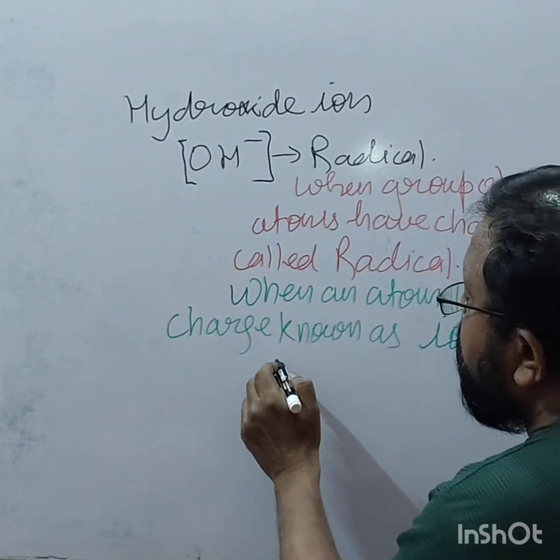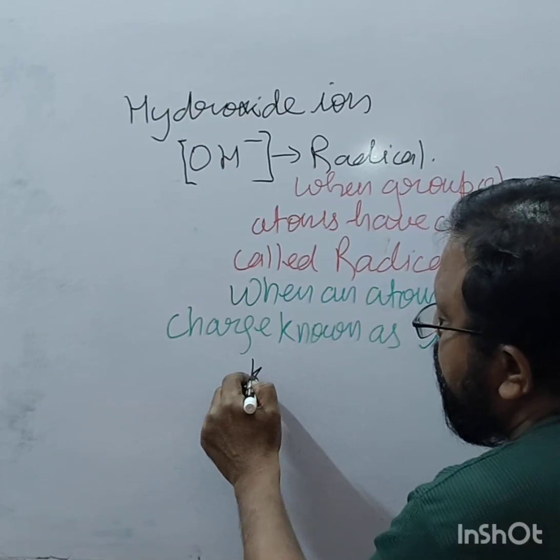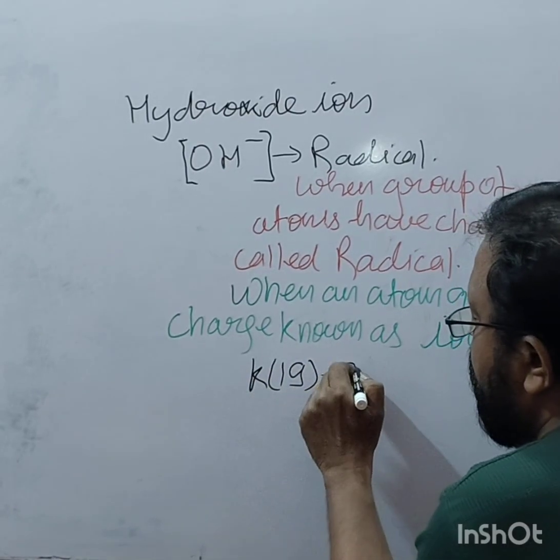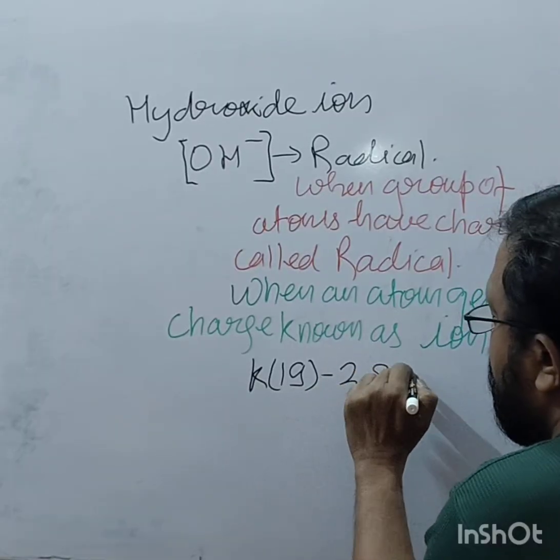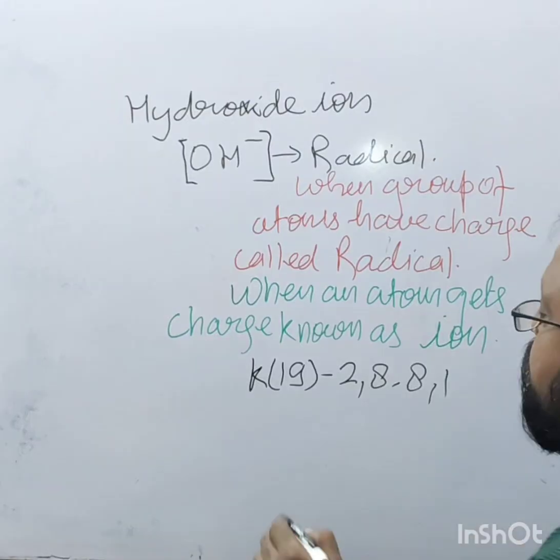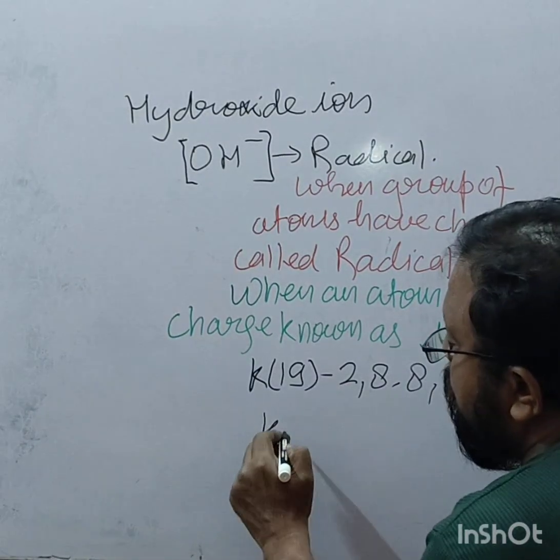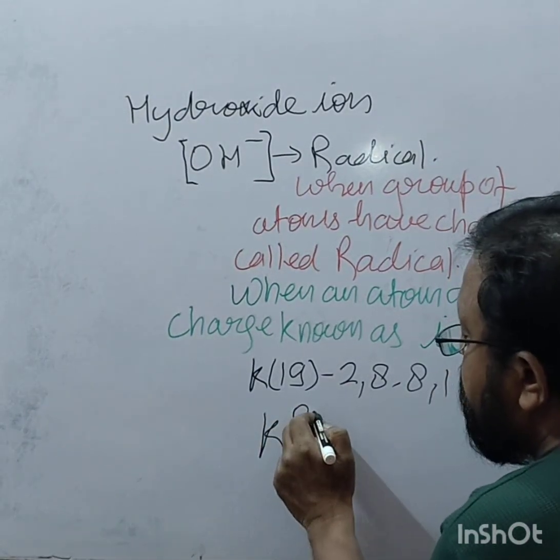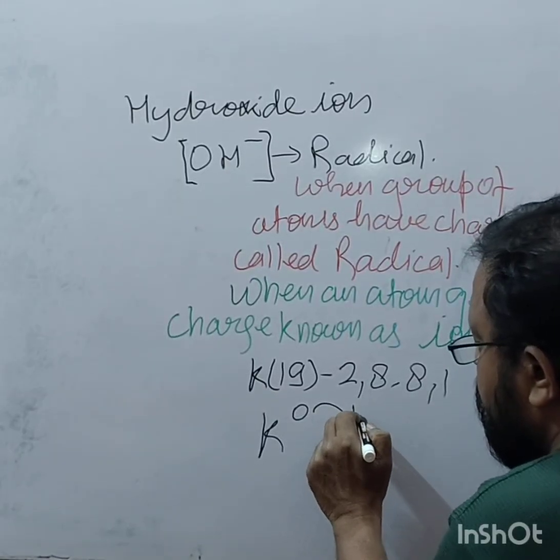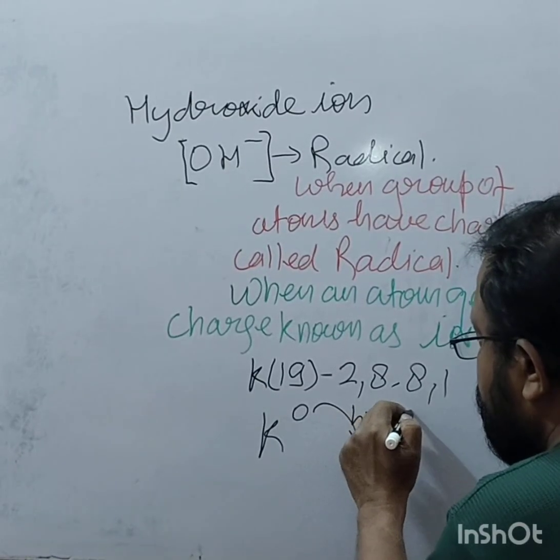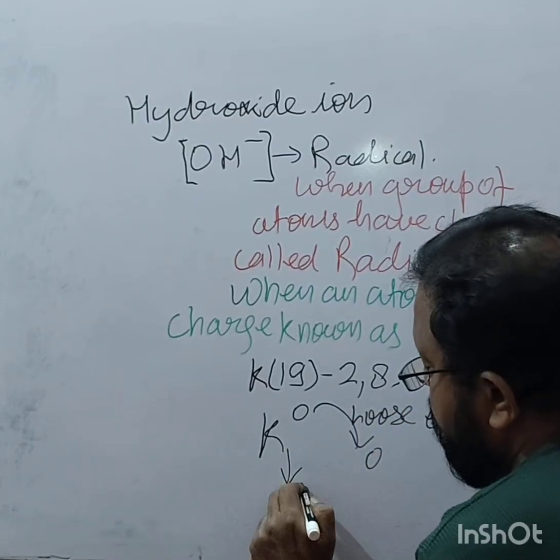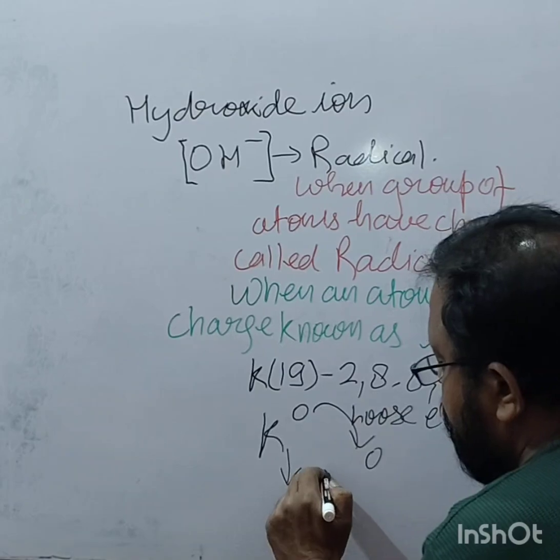And if I talk about potassium, it has atomic number 19, so its electronic configuration is 2, 8, 8, 1. It has one electron in its outermost shell, so it has a strong tendency to lose this electron and become K plus.